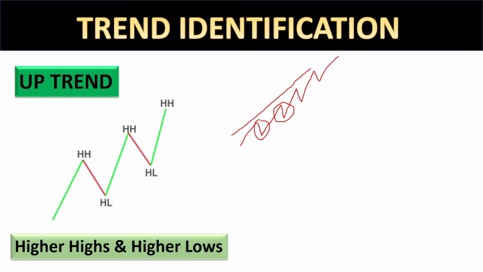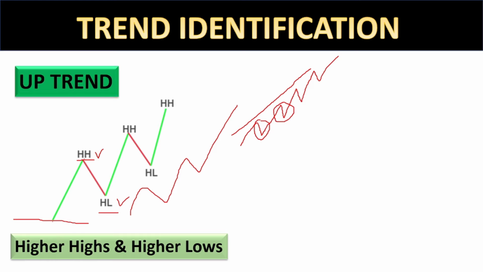So let's understand what is happening at this small break or small consolidation. This is exactly how the market moves towards the upside. Here, HH refers to higher highs and HL refers to higher lows. Consider that the market started from here, after some consolidation, and tries to move upside.